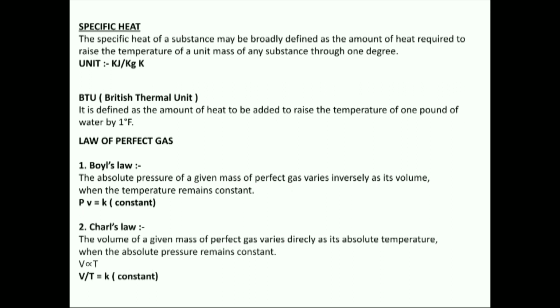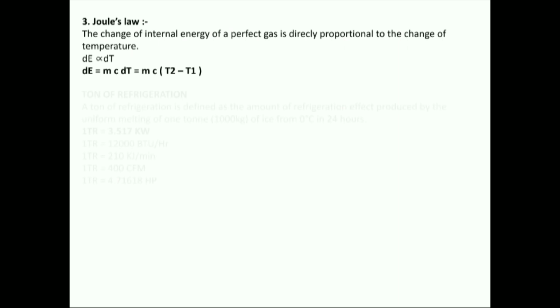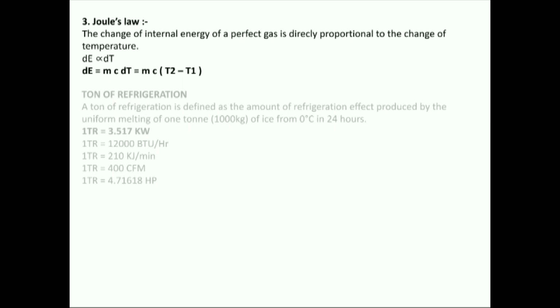The volume of a given mass of perfect gas varies directly as its absolute temperature when the absolute pressure remains constant. V/T equals K constant. 3. Joule's law. The change of internal energy of a perfect gas is directly proportional to the change of temperature.